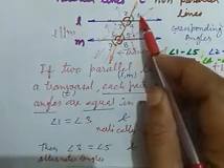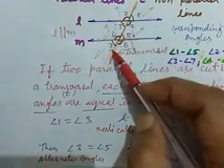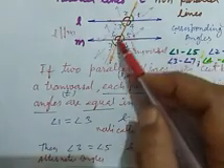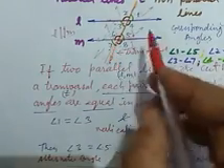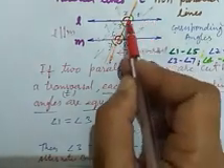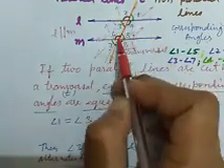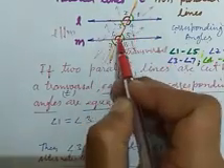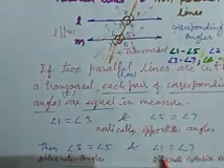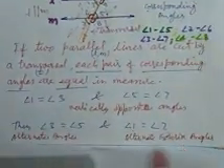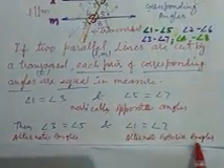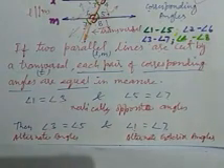So angle 1 and angle 7 are alternate exterior angles because they also form a Z. Check, this is an inverted Z. Okay, so 1 and 7 are also alternate exterior angles.